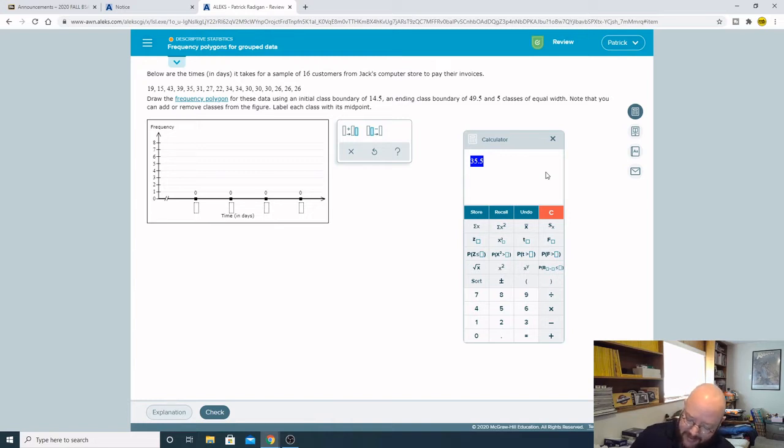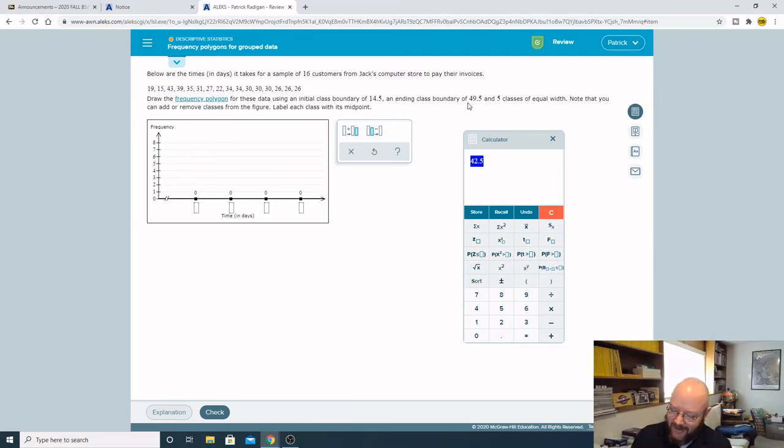My fourth class starts at 35.5 and goes to 42.5. Notice that our ending boundary is 49.5, so I need one more class. I don't have to do the math on this one because I know it's going to be 42.5 all the way to 49.5.